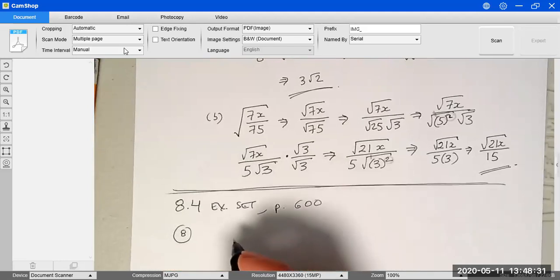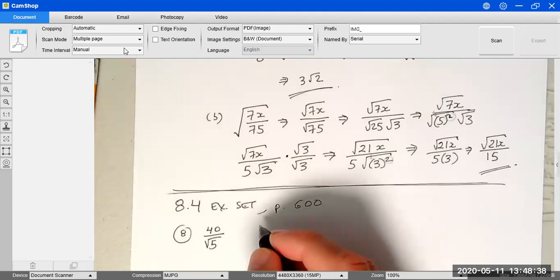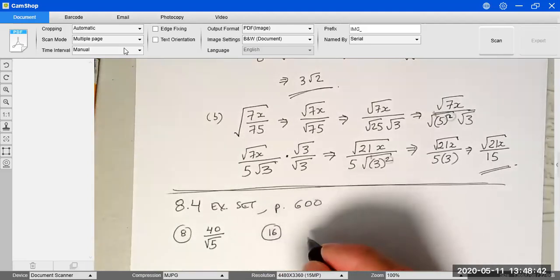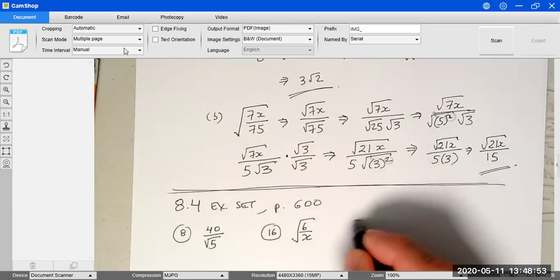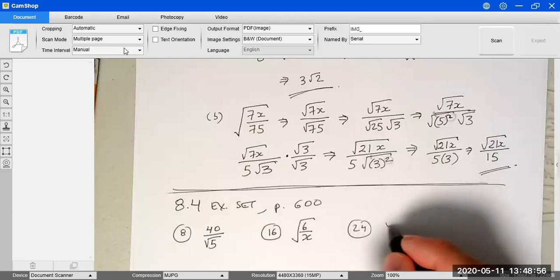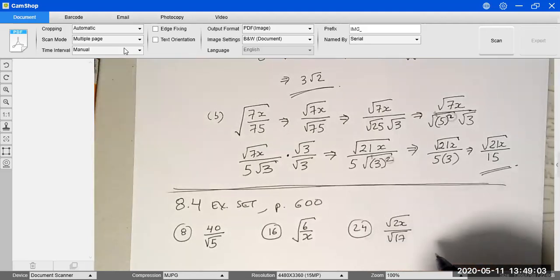You're going to rationalize 40 over the square root of 5. Then we have problem 16. You're going to rationalize the square root of 6 over x. Then we have 24, the square root of 2x over the square root of 17.